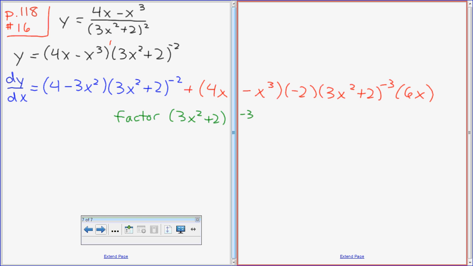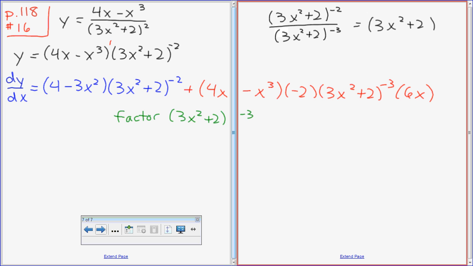If I took out a negative 2 and left the fraction here, I can't do anything with it. Now here's the tricky part though. If I take out a 3x squared plus 2 to the negative 3, what does 3x squared plus 2 equal? So I'm taking out a negative 3, so the power of positive 1.